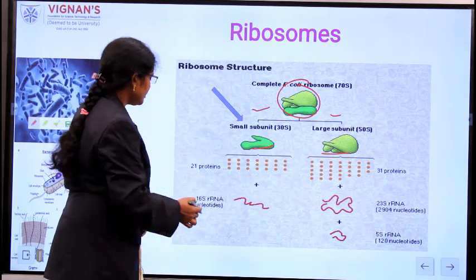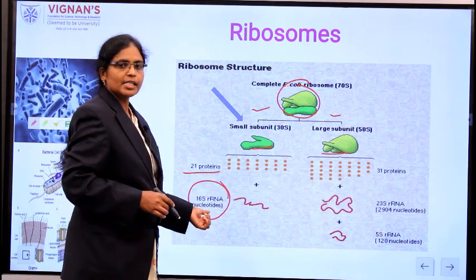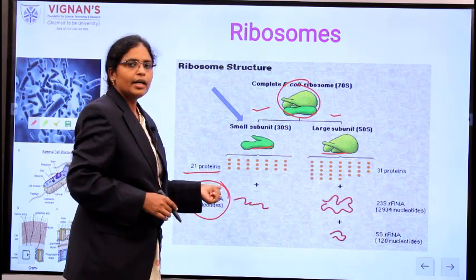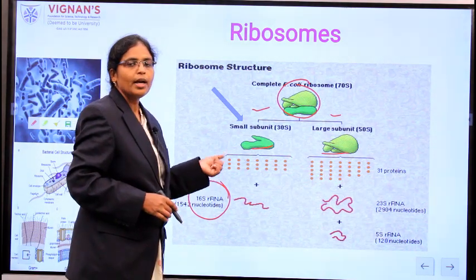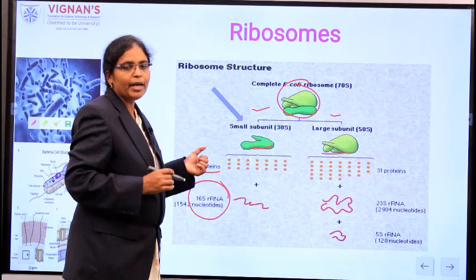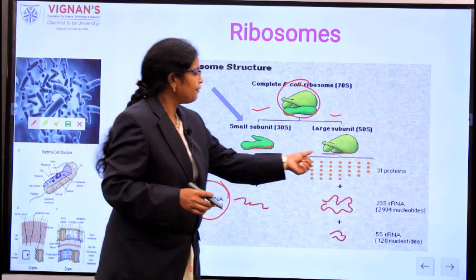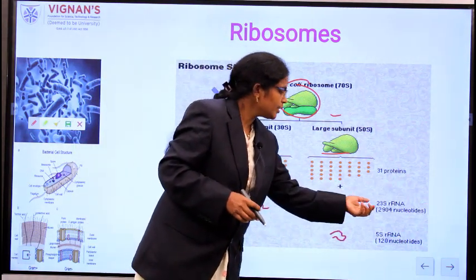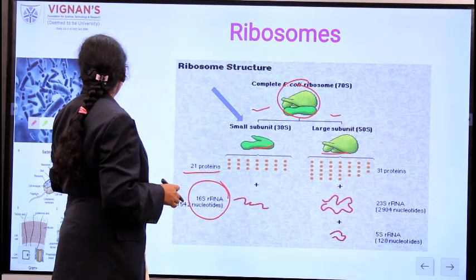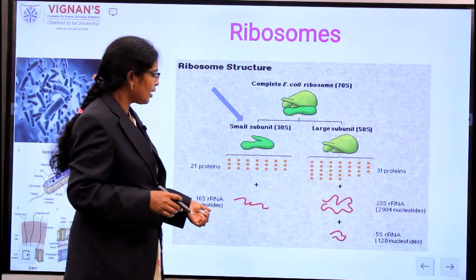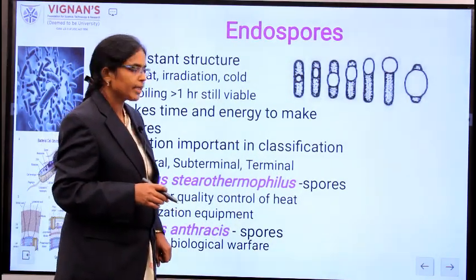And this 30S contains the 16S rRNA, which encodes 21 proteins, and 16S rRNA we have seen in taxonomic identification, where the 16S rRNA is used for identifying the bacteria and the phylogenetic relationship between organisms. And the 50S contains two units, 23S and 5S rRNA. So among all these units, the 16S rRNA is very essential for identification of the bacteria.